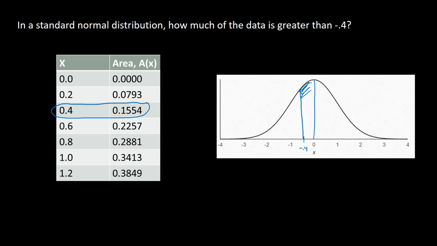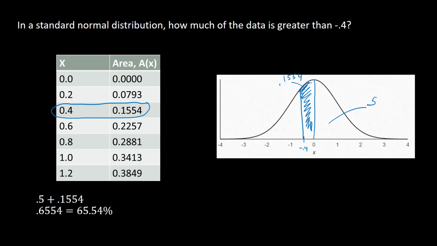So this area in between is going to be 0.1554. And then we need to add in all this other area over here, which is half of the graph, and that's going to be 0.5. So we add 0.1554 to 0.5, and we get 0.6554, or 65.54%.